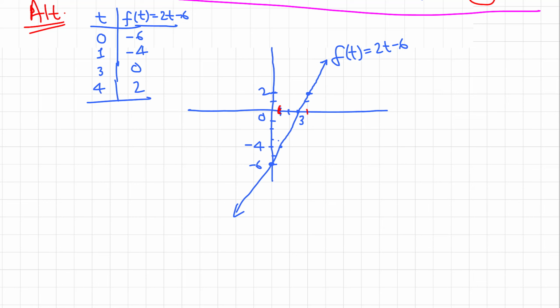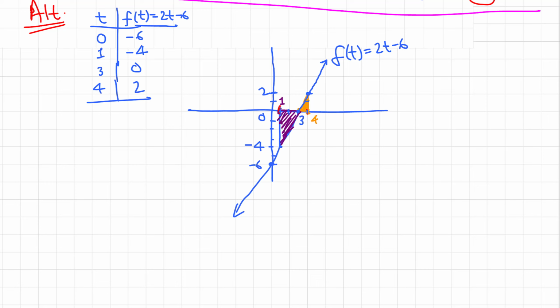From here the curve is below the x-axis at 1, so we need to deal with this triangle, and another triangle from 3 through 4. So we got two triangles.